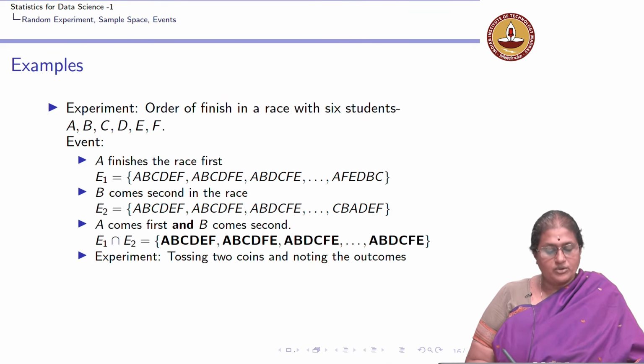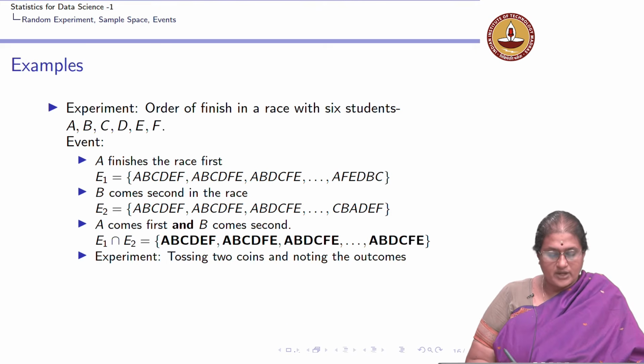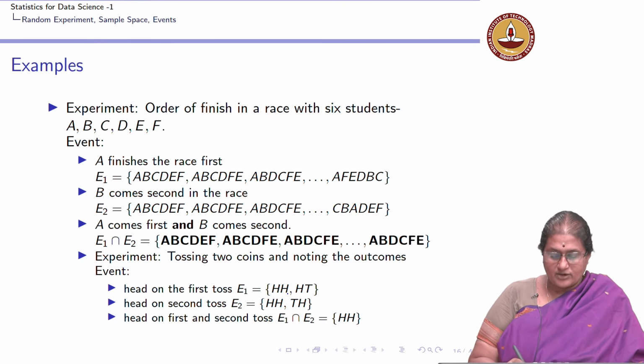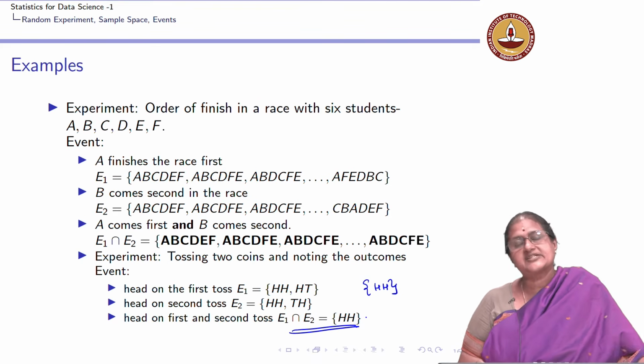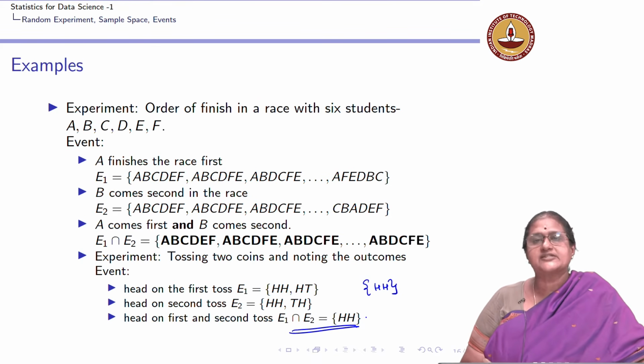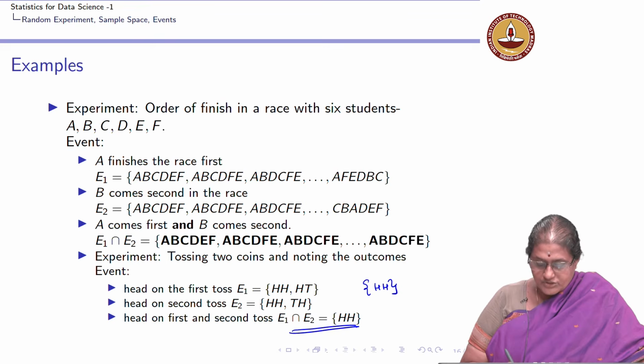Now, let us toss 2 coins and note the outcomes. Again, let E1 be head on the first toss, E2 head on the second toss. Head on both the tosses would just be the event HH, which you can see is E1 intersection E2, would represent the event that head appears in both the tosses.